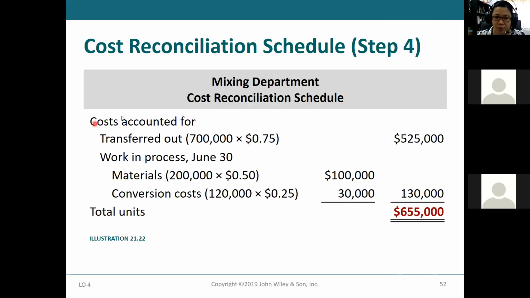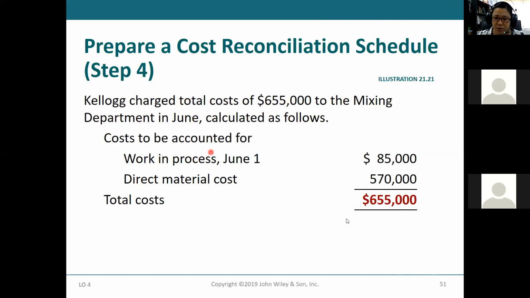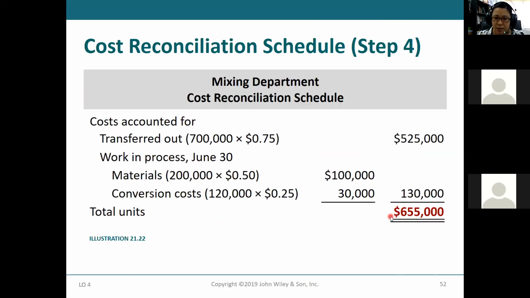And so we need to prepare this one, cost accounted for. To prepare cost accounted for, we need to make sure that we find 655,000. So how to do that? We need to find how much is the cost of transfer out. You remember we have 700,000 units completed and transferred out, right?